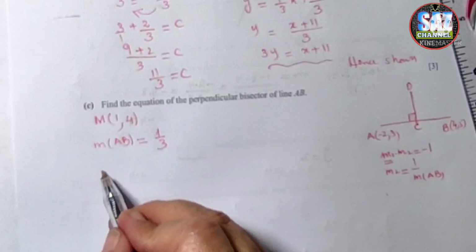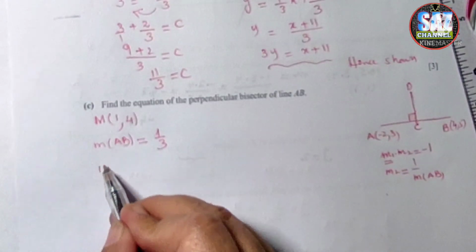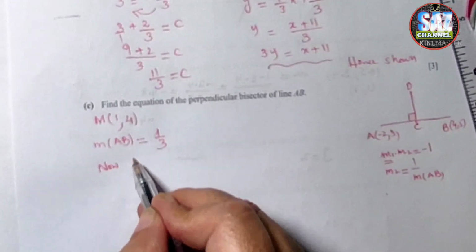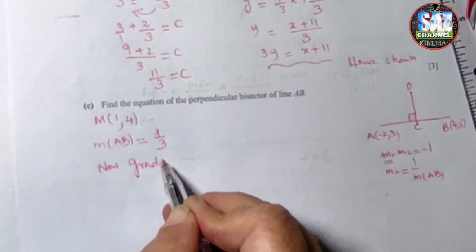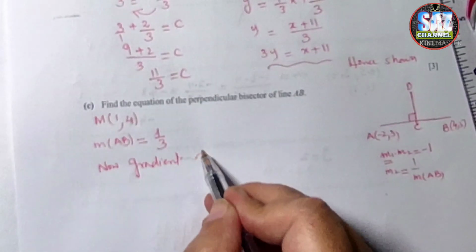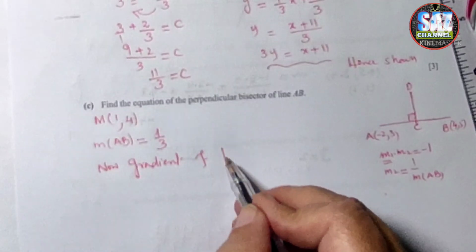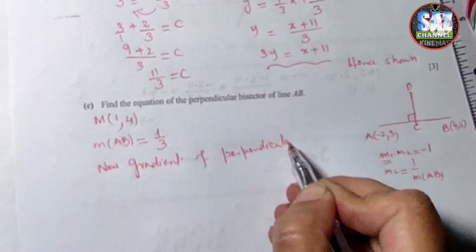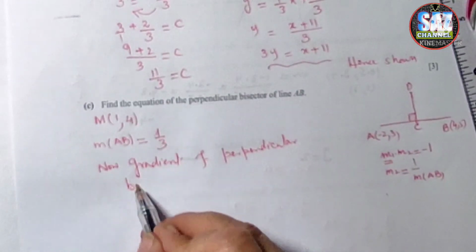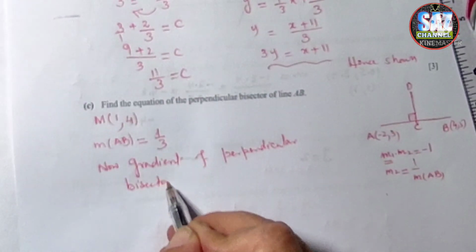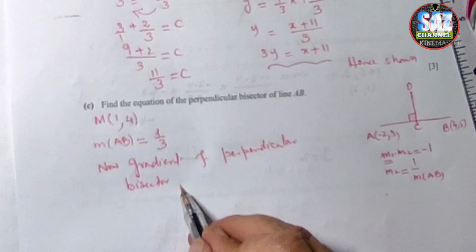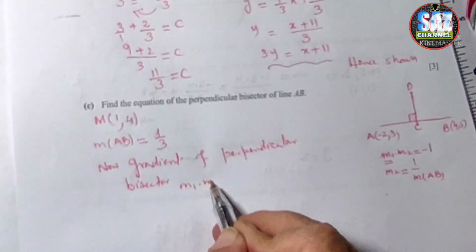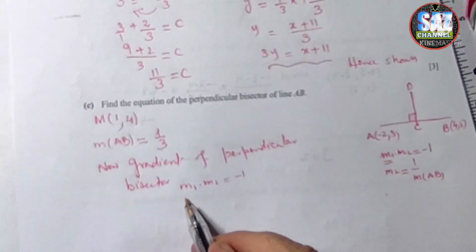Now the gradient of CD, the gradient of the perpendicular bisector, will be such that M1 multiplied by M2 equals -1.